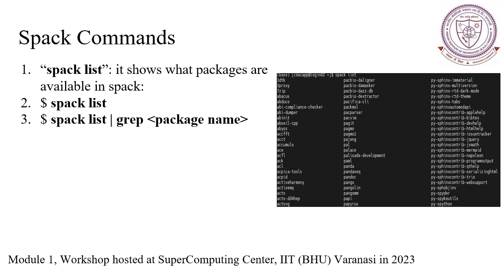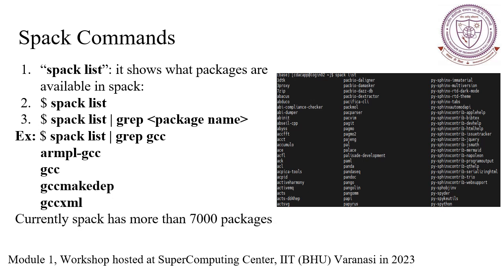Here, if we want gcc, we simply write spack list | grep gcc. So with the string gcc, whatever packages are available, it will show to us. So these are the packages available: armpl-gcc, gcc, gcc-makedep, and gcc-xml.